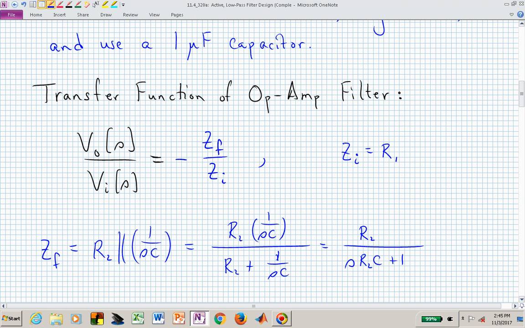And now we can simply substitute Z sub F and Z sub I into this transfer function equation that we've either rederived or remembered, minus Z sub F over Z sub I. And since Z sub I is pretty easy, it's just one element, R sub 1, and we're dividing by it, we can just divide that numerator in Z sub F by R sub 1 and achieve the same result.